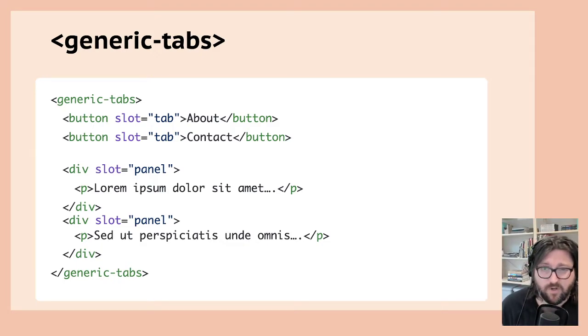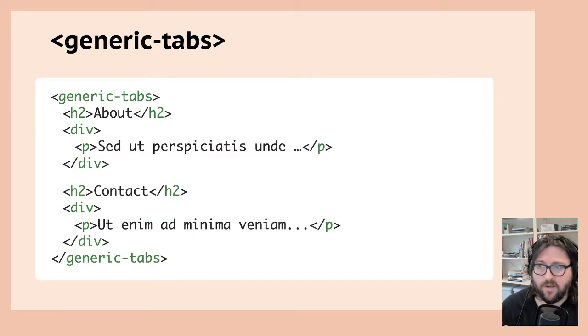I have a friend who's very security conscious, and they just turn off JavaScript. I don't know why they do that, but they do. You still want them to have an experience, and having just two buttons floating around isn't the most semantic document in the world. So we came up with a solution where you pass an H2 in a div or a section, and then they get auto upgraded into tabs.